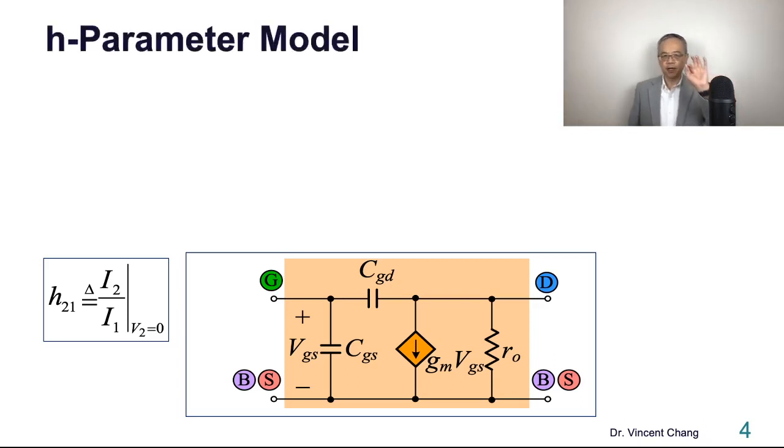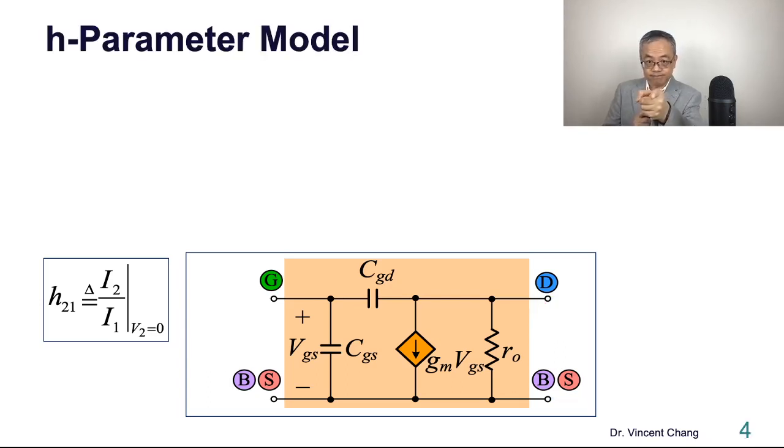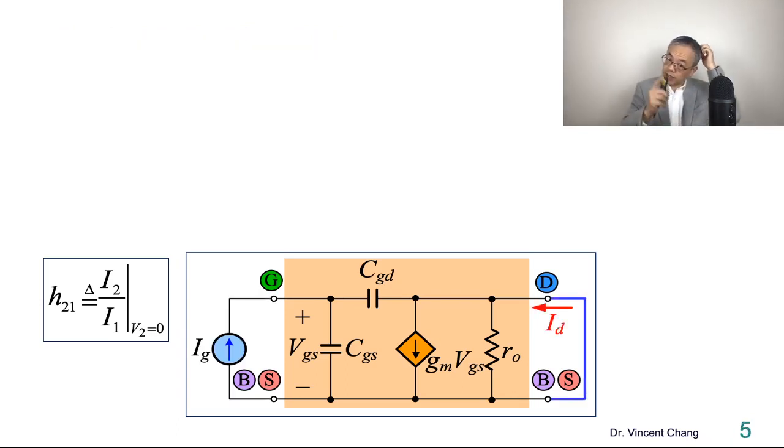Now, applying the definition from the H parameter model, because the definition requires V2 to be 0, look at the VDS on your right hand side. Before it was like this, and after we apply the definition, the VDS is short circuit. On your left hand side, you see a gate current.